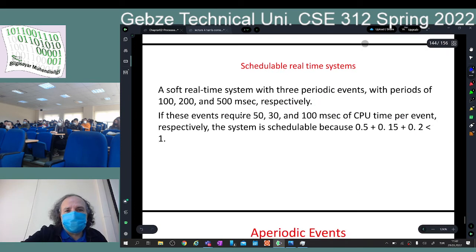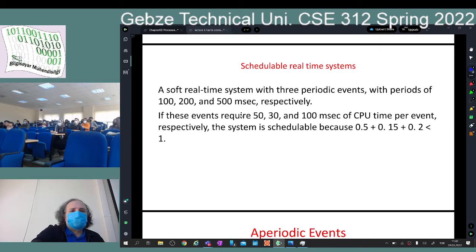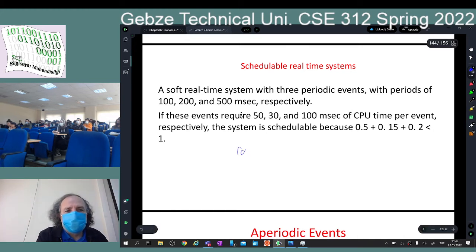Let's give an example of a schedulable real-time system. Let's say I have 3 processes, with 3 periodic events. The periods are 100, 200, and 500 milliseconds respectively, and when these processes run, they use 50, 30, and 100 milliseconds of CPU time whenever they occur. So it's going to be 50 over 100 plus 30 over 200 plus 100 over 500.